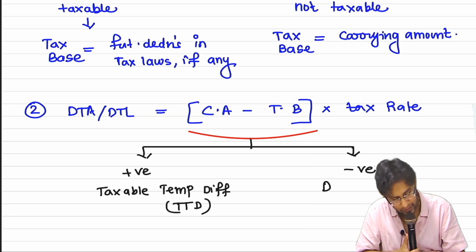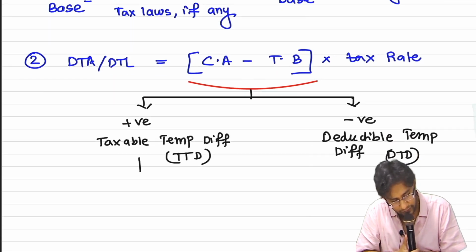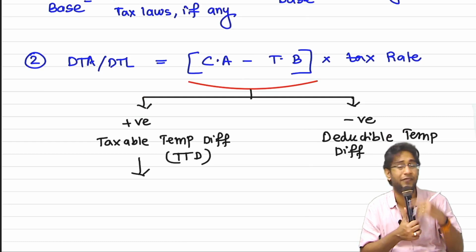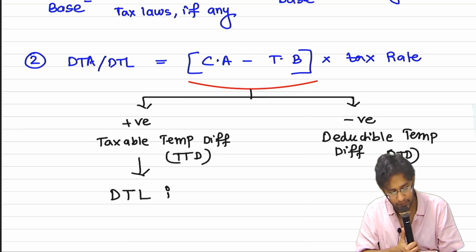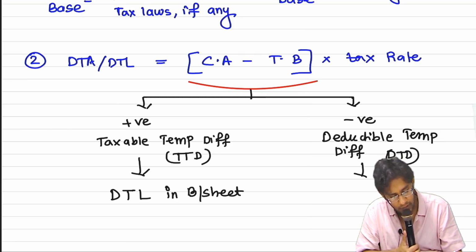If it is negative, it is called a deductible temporary difference, DTD. If it is a taxable temporary difference, the final answer you get is a deferred tax liability in your balance sheet. If it is a deductible temporary difference, that means if that box is negative, the final answer will be a DTA in your balance sheet.